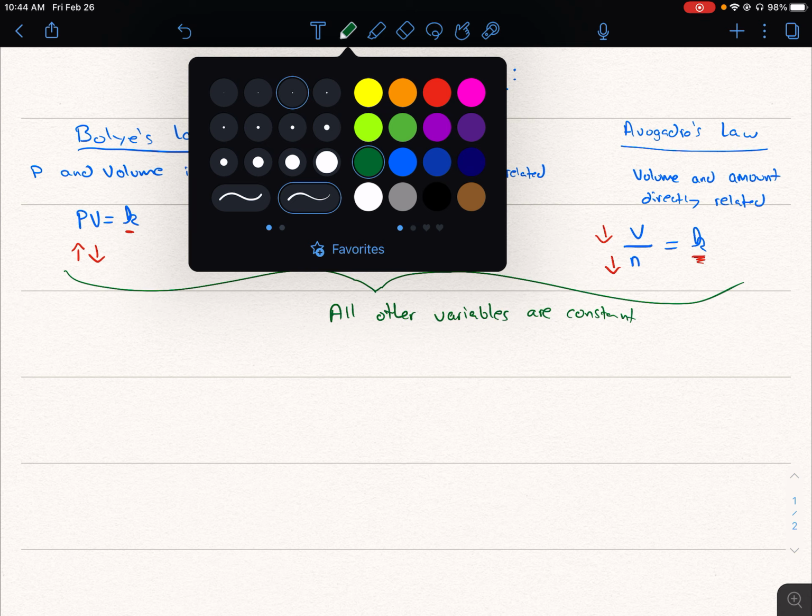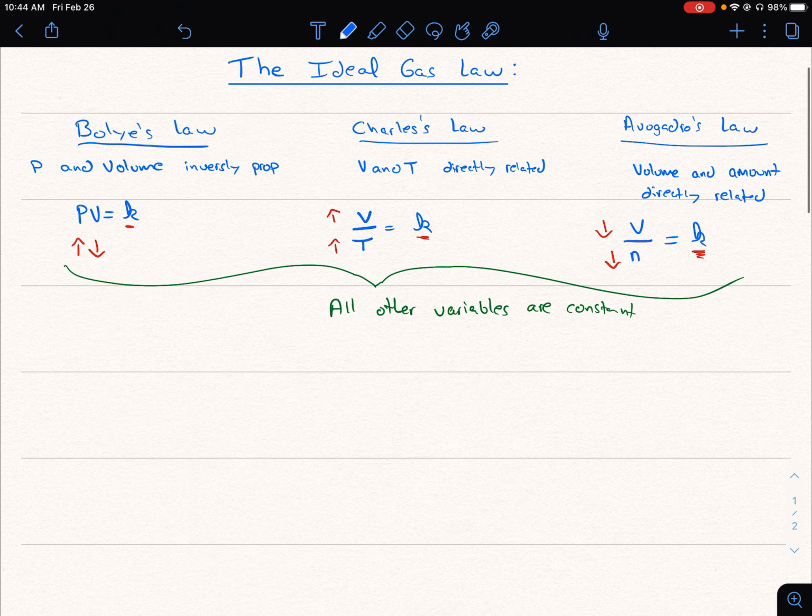And with the ideal gas law, what we've done is we've taken all of these laws together and come up with a single equation that can express all of these. So our ideal gas law is pressure times volume is equal to the number of moles times some constant R times the temperature.